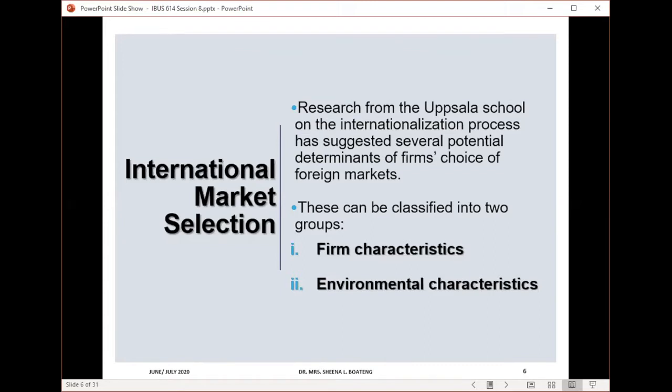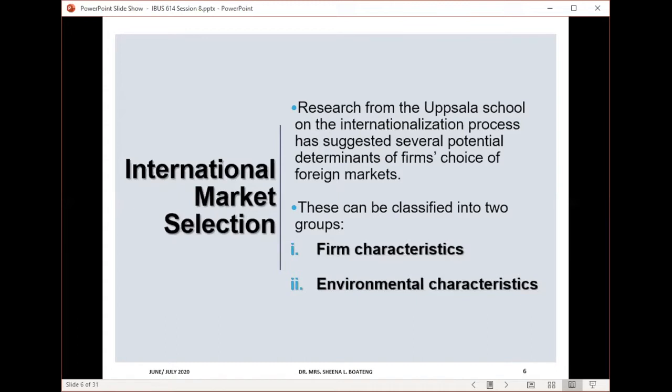At the same time, we also appreciated from the beginning of our course that not all firms are created the same. Hence, they have different characteristics and resources and competencies that may either enable or hinder them from taking advantage of specific global market opportunities.